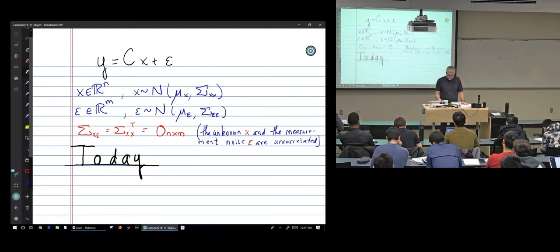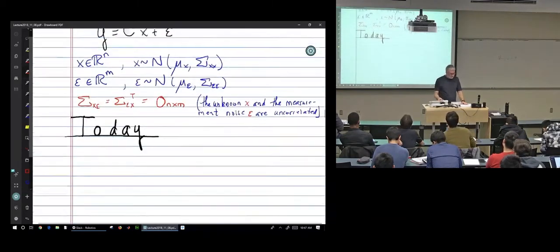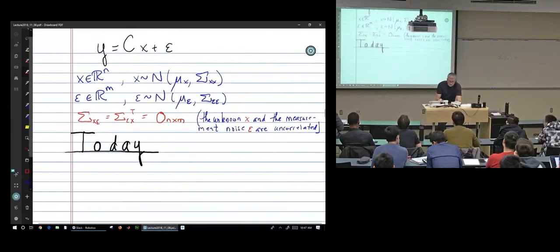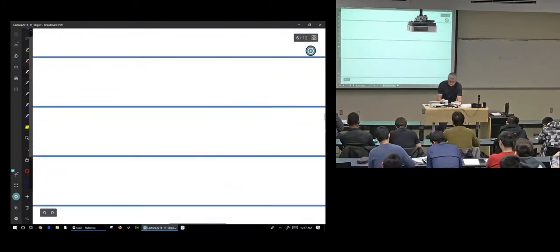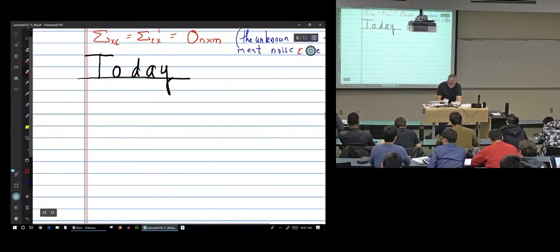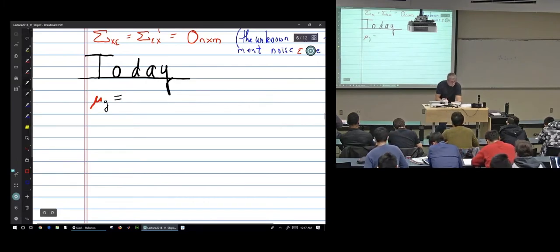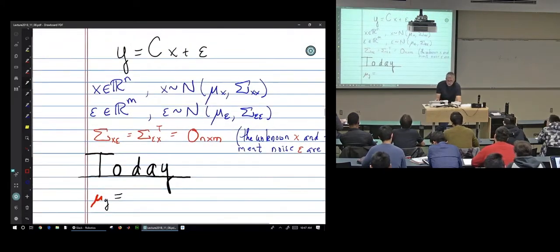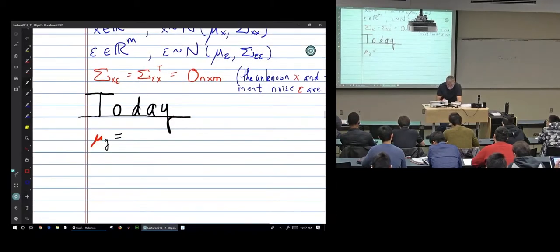So let's calculate first the statistics of y. The mean of y is equal to what? Well, it's the expected value of c times x plus epsilon.